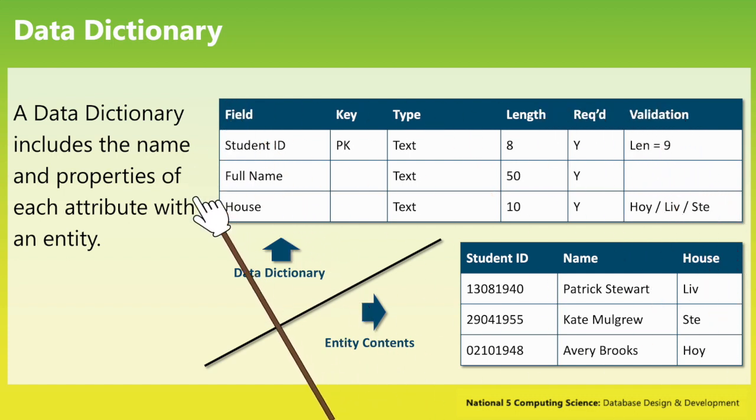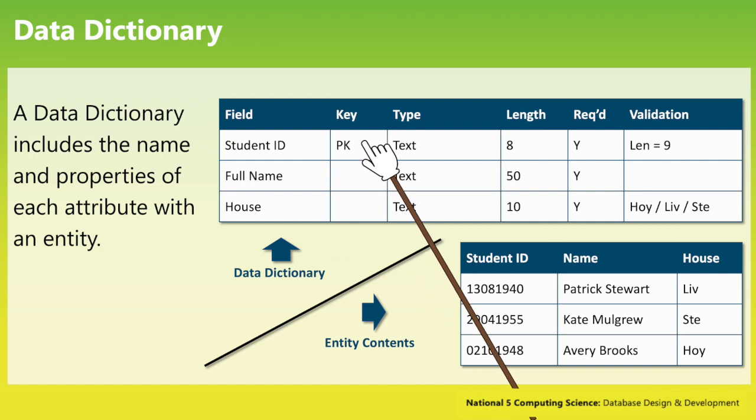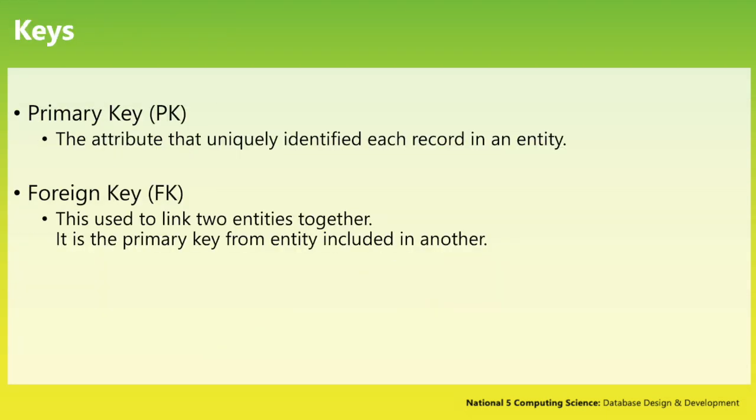This is then used to implement and create the table, and then we can see here is the entity or table contents. So we're now going to have a look at a couple of these headings in a little bit more detail. Starting with keys.